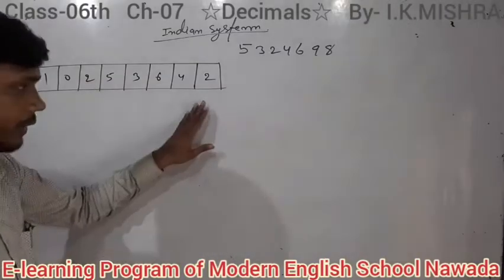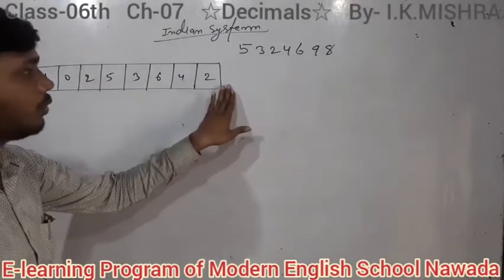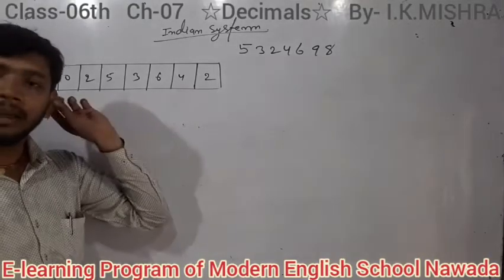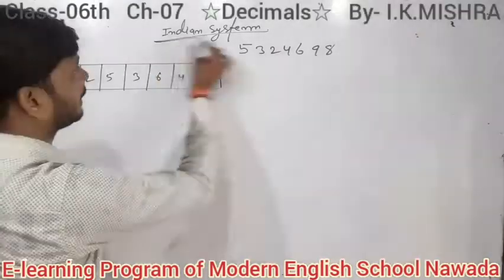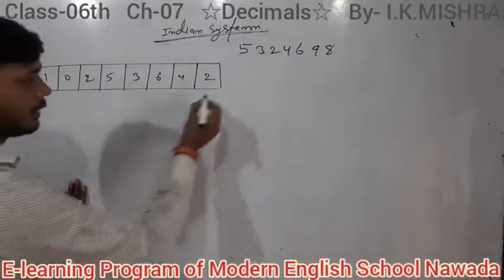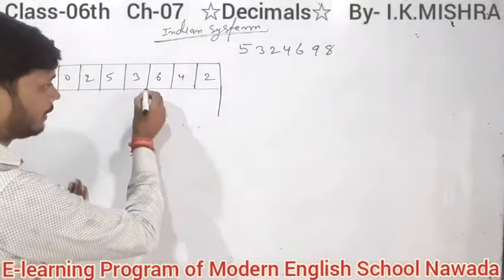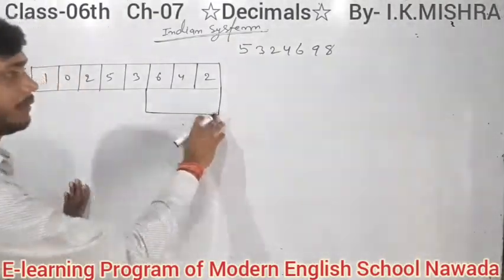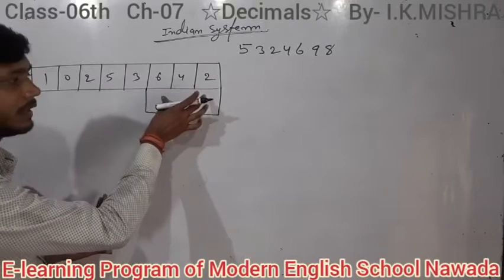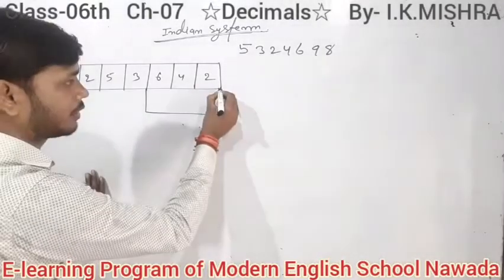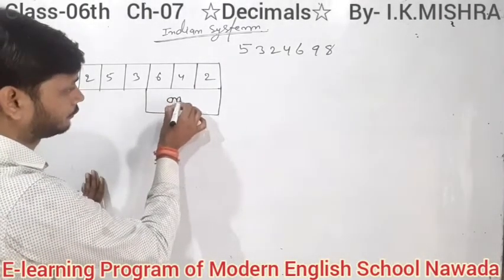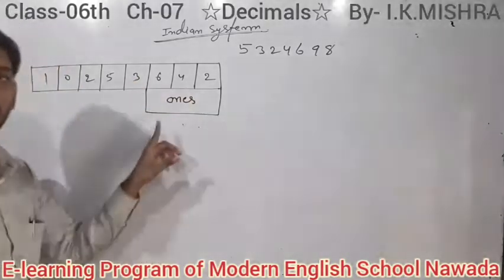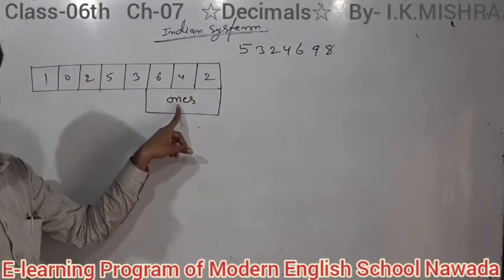In the Indian system, from the right side, the 3-digit period is called the ones period.